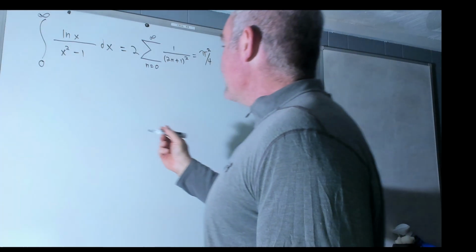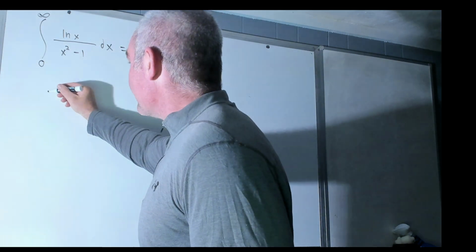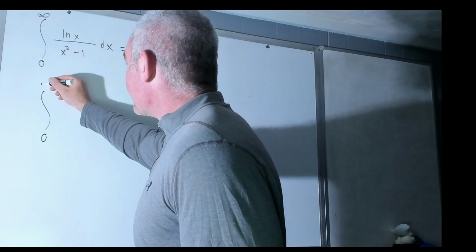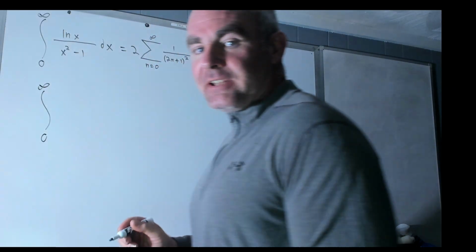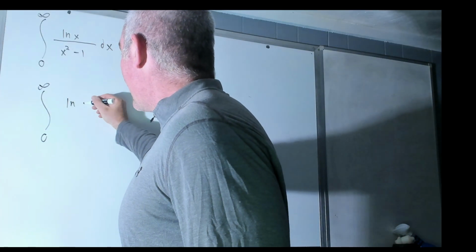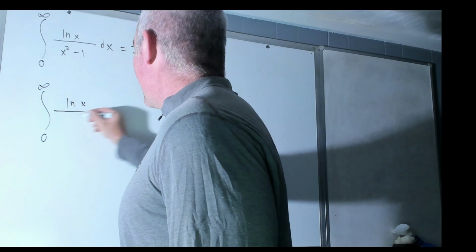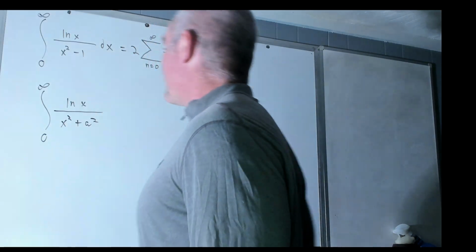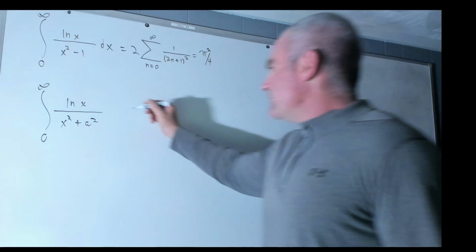And what we're going to do is we're going to start with a slightly different integral. We're going to start with the integral from 0 to infinity of natural log of x over x squared plus a squared. Now, why would we do that?